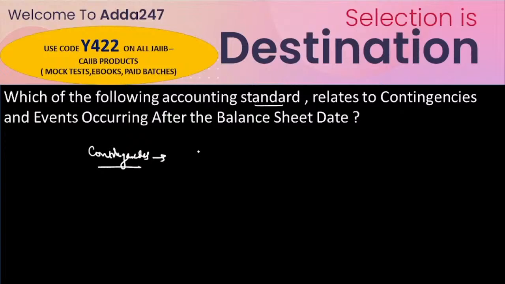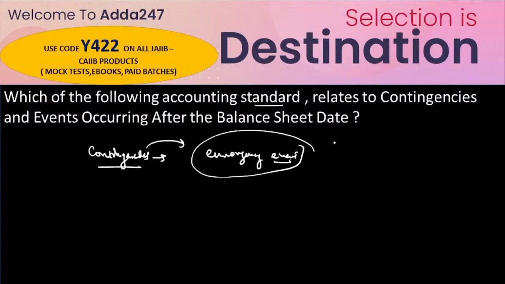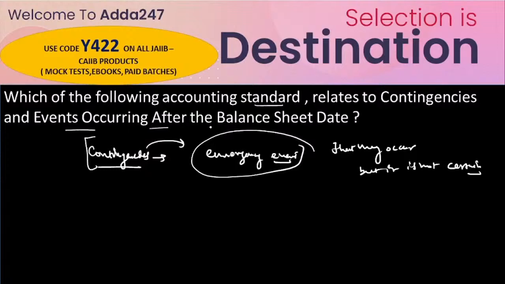Basically it is an emergency event that may occur, the possibility that it may occur, but it is not certain. That is known as a contingency, and then there are events occurring after the balance sheet date.